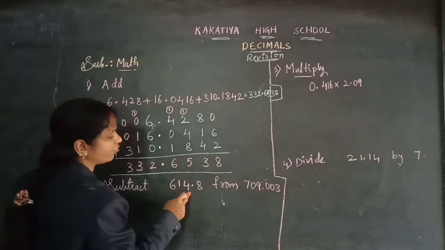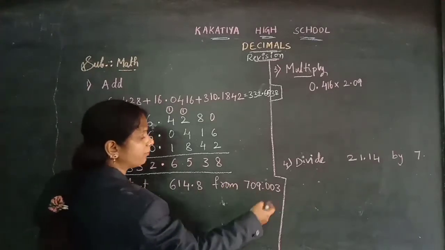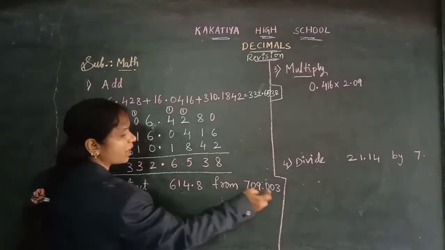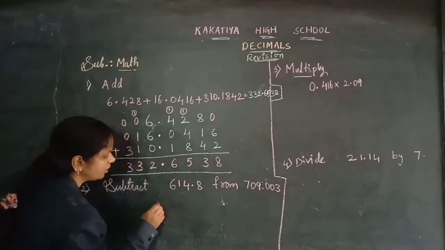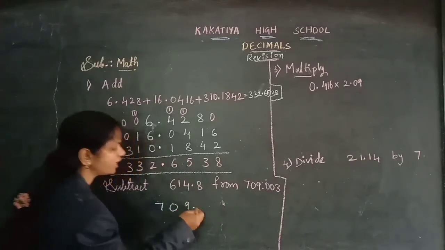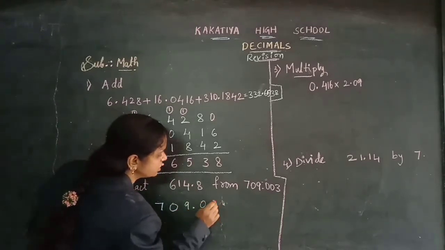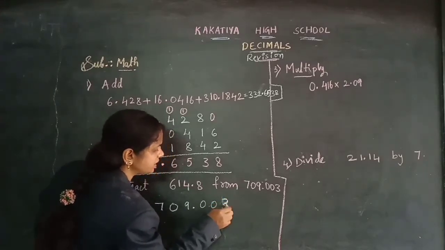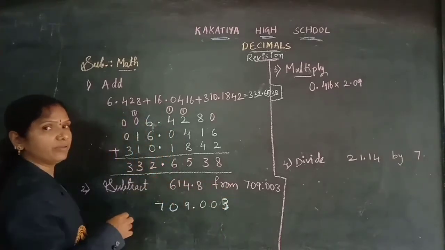Subtract 614.8 from 709.003. First, from the after number we need to take here. First, in the first place, while you are arranging in columns, 709.003, 003. And the next digits are from the before number.